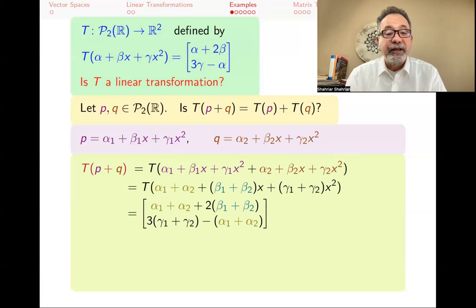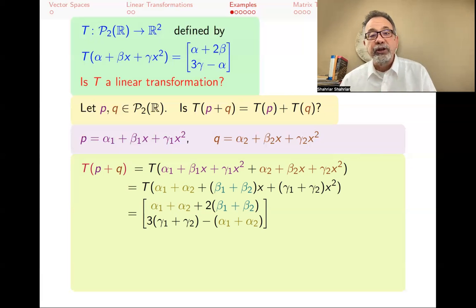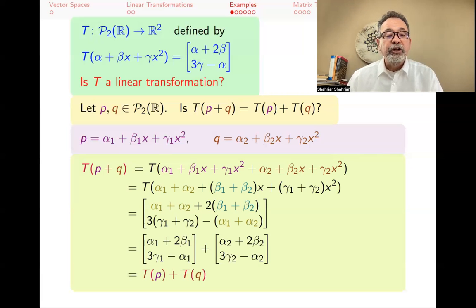For example, I can split this up into 2 terms, all the things with subscript 1 in one place, and all the things with subscript 2 in the other. So I will get alpha 1 plus 2 beta 1, 3 gamma 1 minus alpha 1, plus alpha 2 plus 2 beta 2, 3 gamma 2 minus alpha 2. If you add these two, you get that sum again.